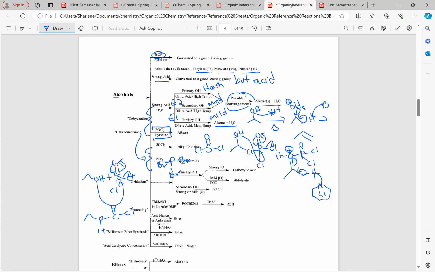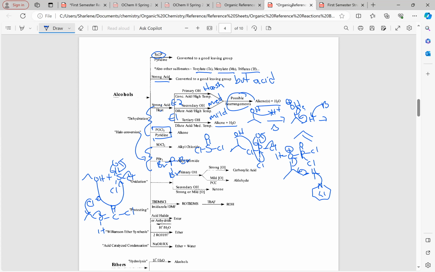And then the chlorine sneaks in behind and kicks that out. Okay, so remember in our elimination and our substitution, you always have to look for what nucleophile is floating around. And in this case, it made its own nucleophile so that the chlorine can go back on.